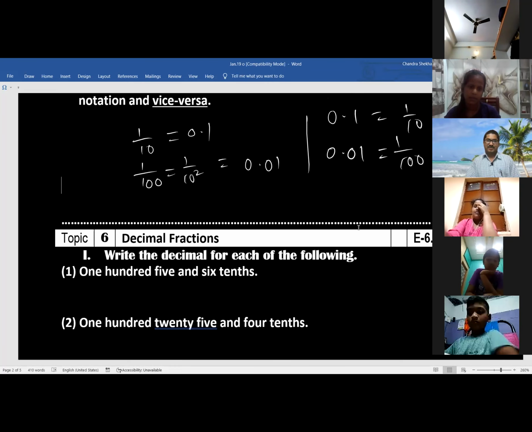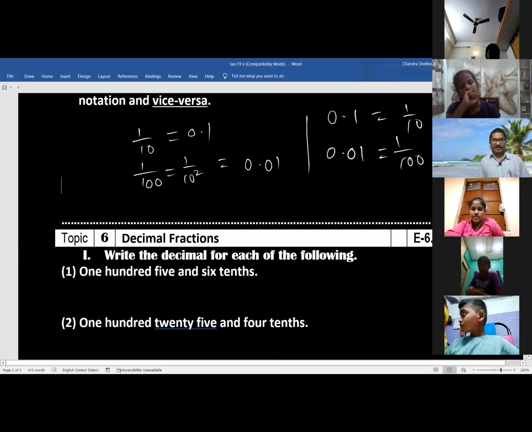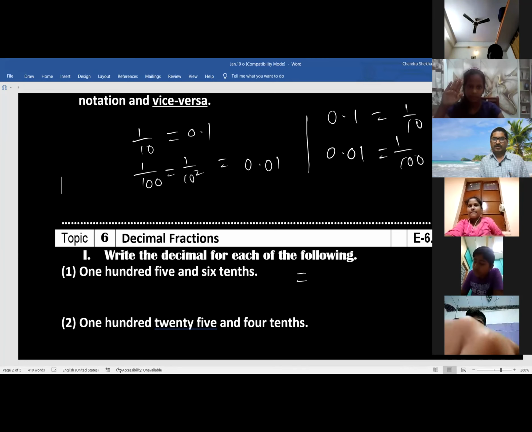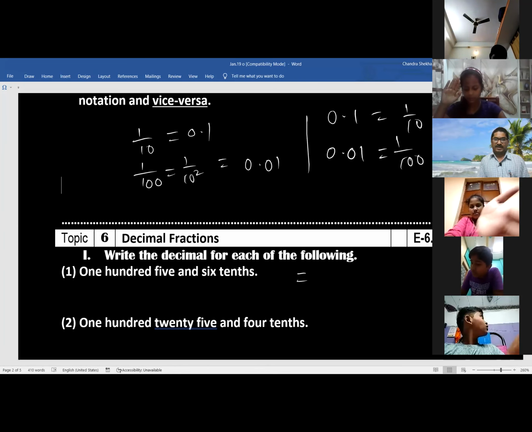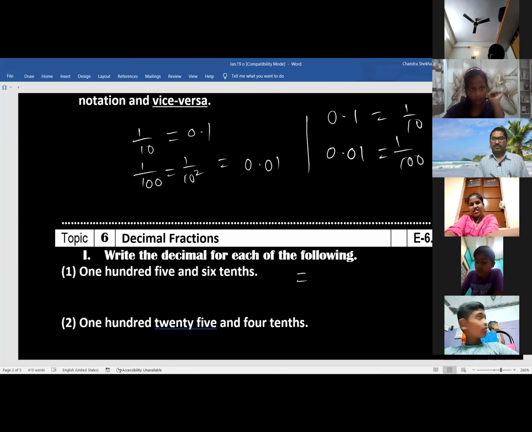Now tell me this answer. 105 and 6/10. Write the decimal for each of the following. Say the decimal. 105.